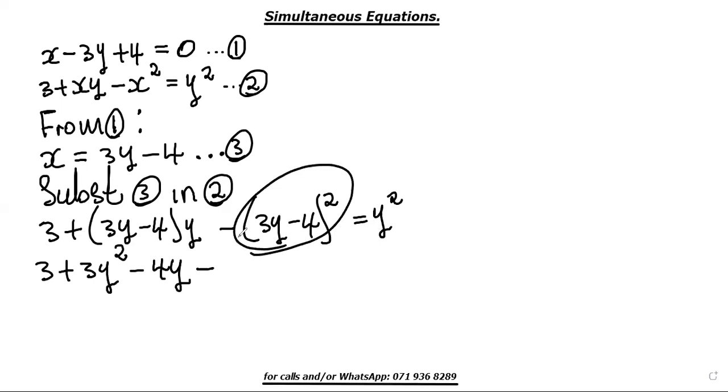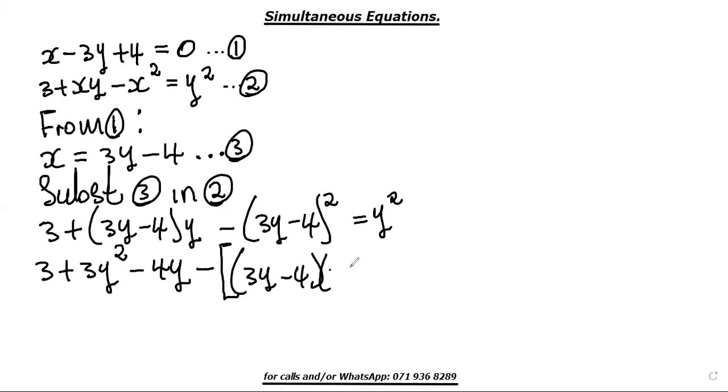So we repeat this bracket twice. But I want us to open a big bracket because there is a negative in front. So we say we have 3y minus 4 into 3y minus 4, and this is equal to y squared.